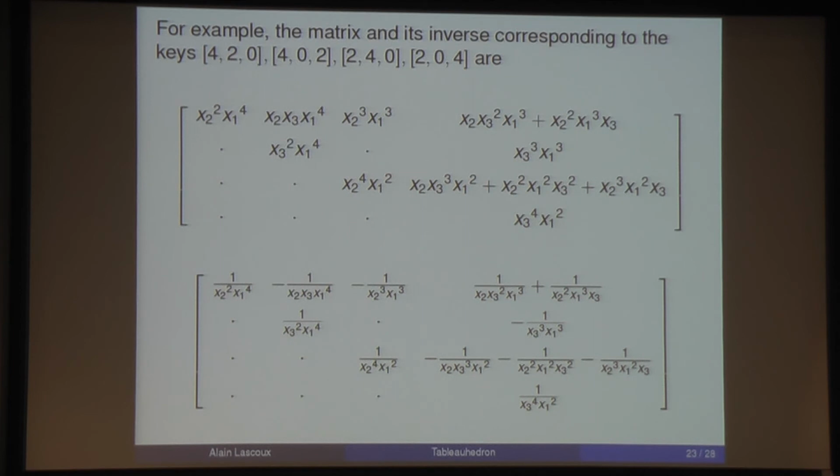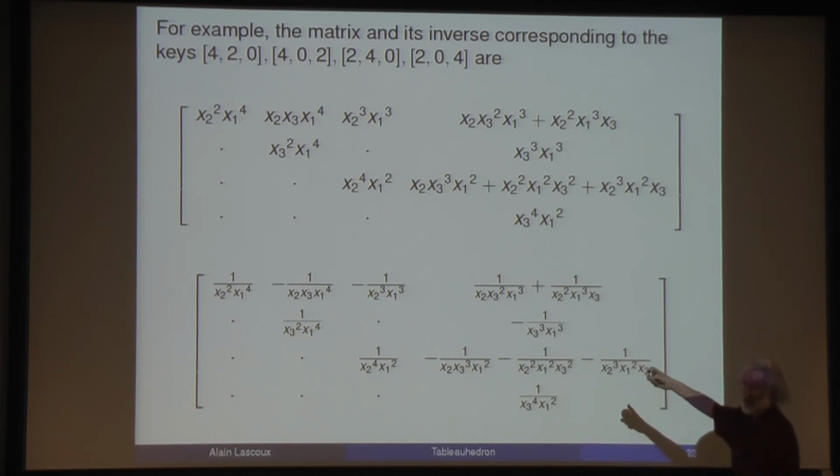So here is an example which is better. For the preceding figure, I've replaced tableaux by their evaluation. And the result of the construction is that the inverse matrix is just, as you see, the correspondence is very easy.